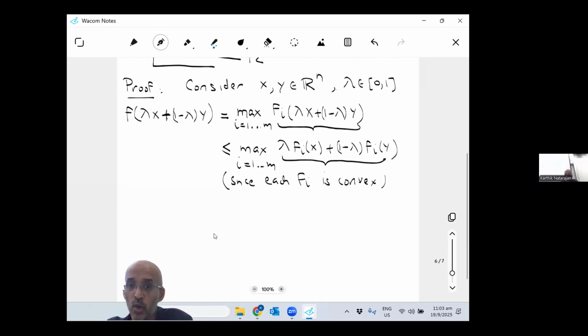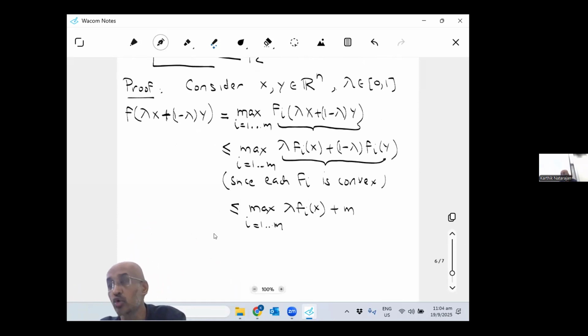Okay. Now I'm going to use the subadditivity of the max function. So this is also less than or equal to max over i from 1 up to m of lambda fi of x, plus, I want to distribute this max operator across the two functions, max over i from 1 up to m of 1 minus lambda fi of y.